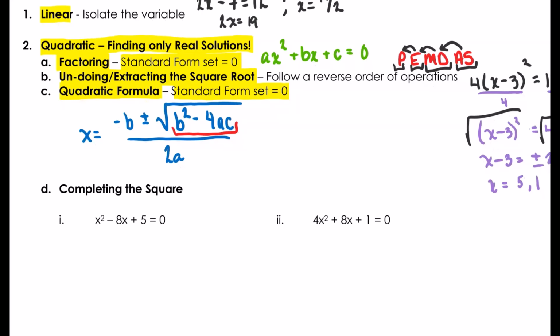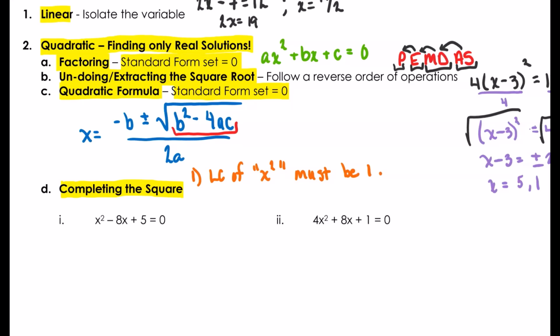Last technique for quadratics is we complete the square. And when you complete the square, there's 2 issues with this. First, the leading coefficient for x squared must be 1. If it's not, then you're going to have to do some factoring or some dividing out.